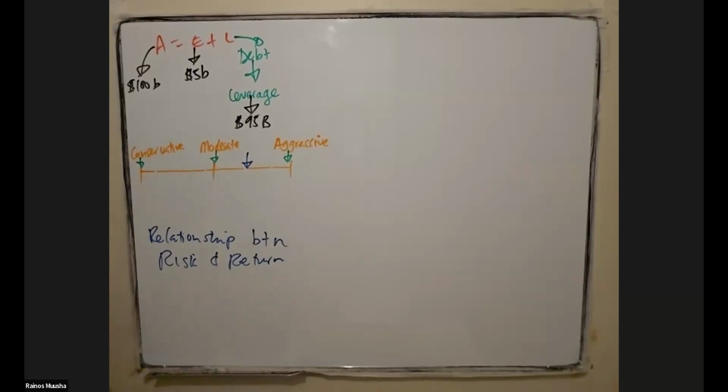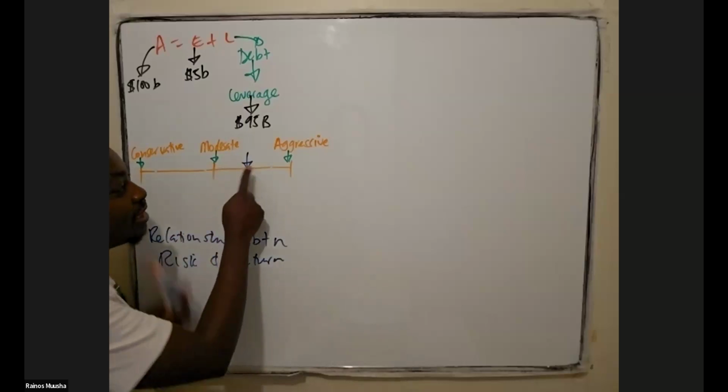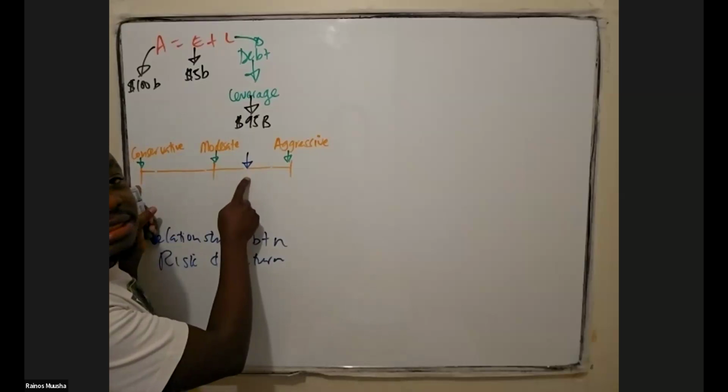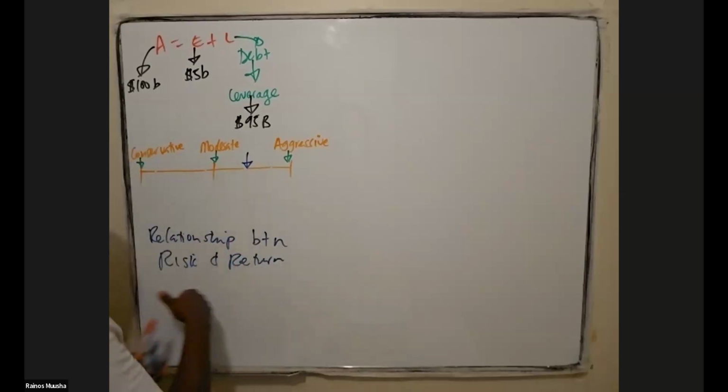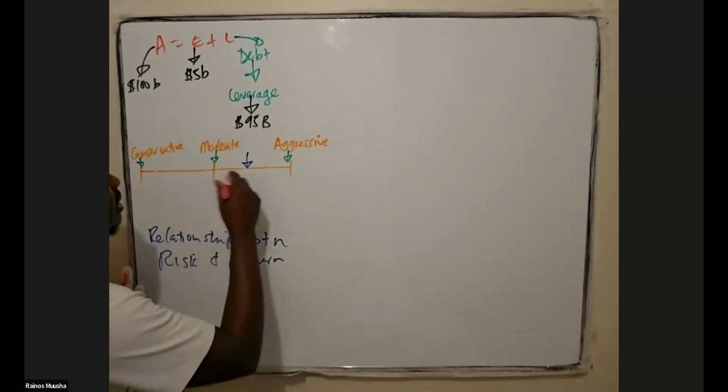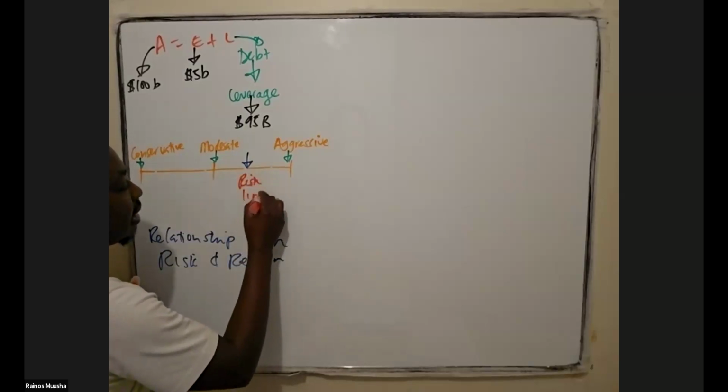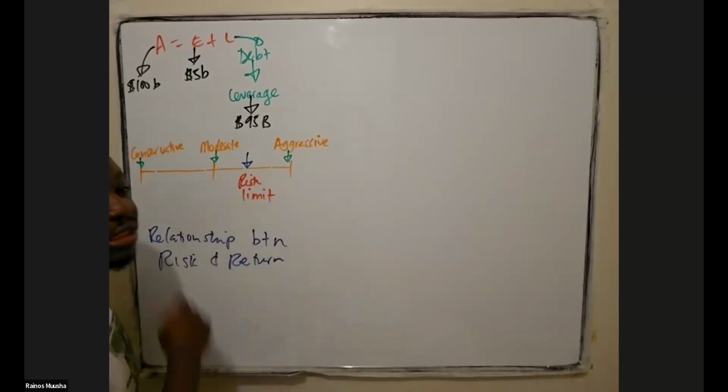It is also the responsibility of the risk manager to ensure that the organization stays within these risk limits. To ensure that the organization stays within the risk limit that has been set forth by the top management, the risk manager needs to make sure that in all the activities they are able to keep tabs and ask, are we staying within this risk limit?